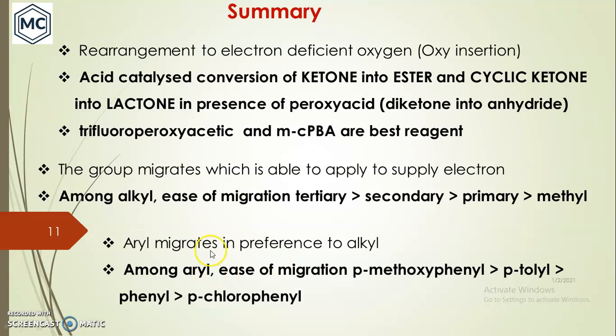Among aryl, the ease of migration is: para-methoxyphenyl has more migratory aptitude than toluene, then phenyl and para-chlorophenyl. And when you have an aryl and alkyl group, aryl migrates in preference to alkyl. But in the case of tertiary, we have already seen it has more donating capacity than the aryl phenyl group.